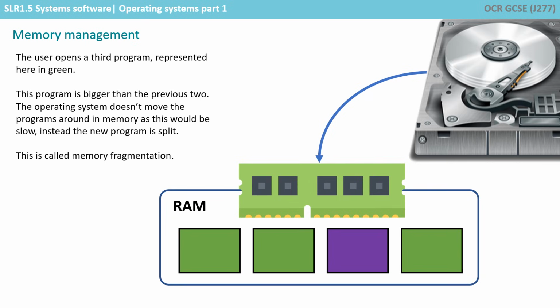This third program is bigger than the previous two, but you'll notice because the second purple program is taking up a space in memory already, it's not simply shifted around because that would be very slow and intensive. It stays where it is and the green program fits around it. So over time, the memory becomes fragmented, and the operating system has to manage these fragments of programs across the entire memory.